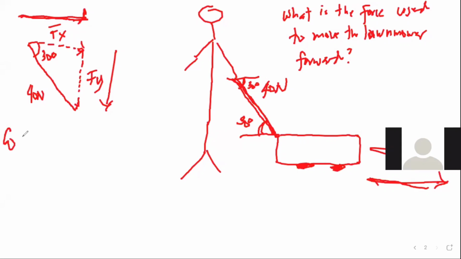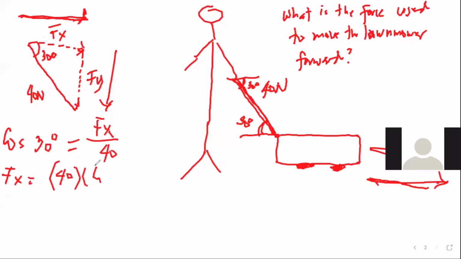So cosine 30. Why did I decide on cosine? Because as you can see, your x is adjacent to 30 degrees. So therefore, you use cosine. Adjacent Fx divided by the hypotenuse of 40. And your Fx, therefore, is 40 multiplied by cosine 30 degrees.